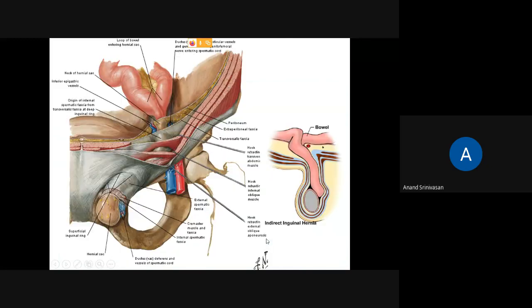All right. So here, can you tell me which hernia is this? One of you can unmute. You can see the hernial bulge is coming through the superficial inguinal ring, so this is an inguinal hernia. Is it direct or indirect?